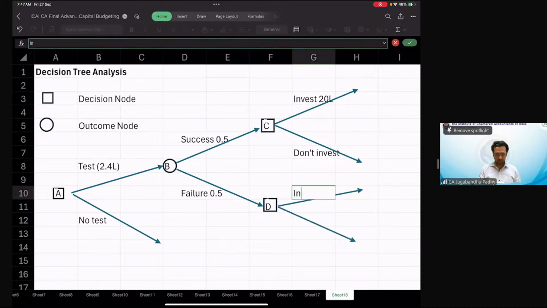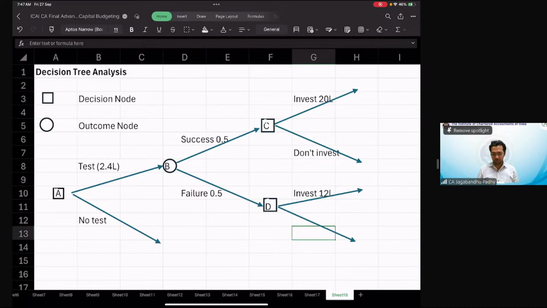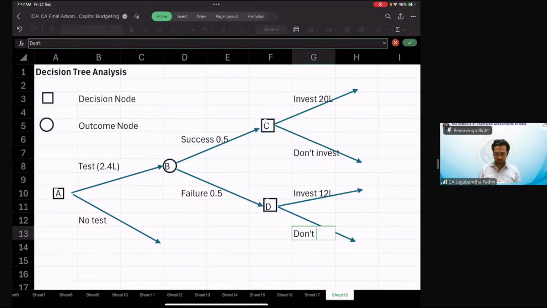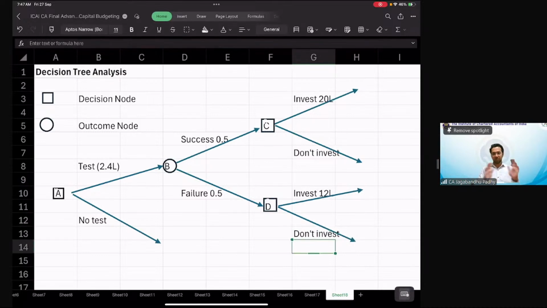If you're going to invest, this will require an investment of 12 lakhs, or you just dump this project and don't make any investment. So our decision tree is ready, but our decision is not yet ready, because we still have to look at whether we should be going ahead with the project or not.